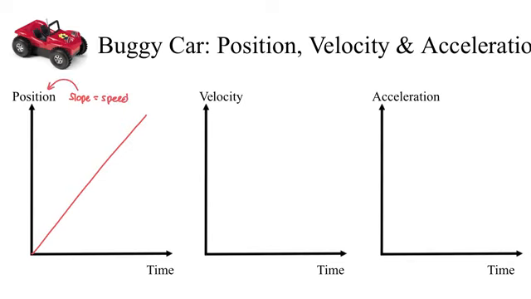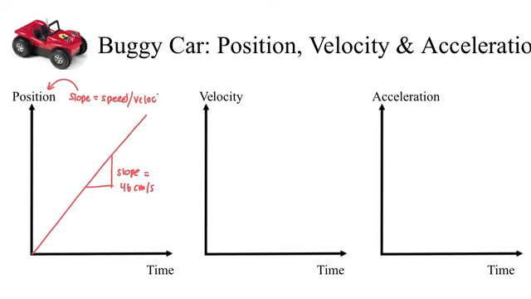The slope here was a constant value, about 46 centimeters per second. That's what we got from our experiment. And so I know the position time graph looks like this. I know the speed, or the velocity in this case, we're going to use them interchangeably because the buggy car travels only in one direction, is constant the entire time.